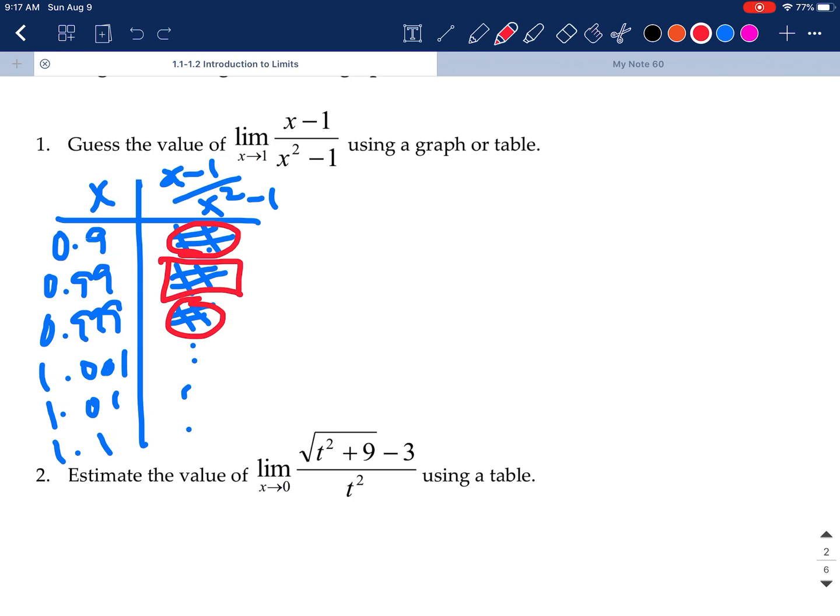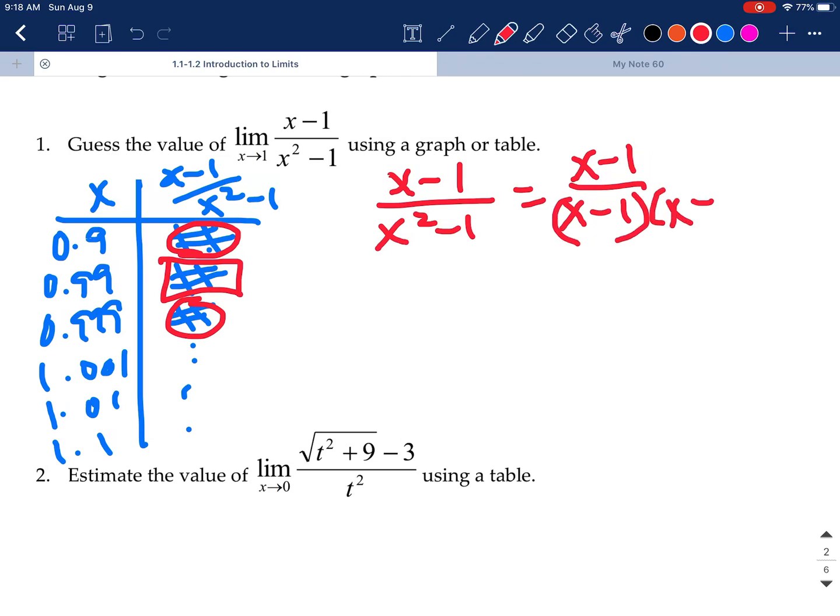But I want to show you an algebraic approach. So if I look at this expression, this is a rational expression, and we know how to simplify rational expressions. So we'll just note x minus 1 over x squared minus 1 is the same as x minus 1 over x minus 1 times x plus 1. So we can factor the denominator using a difference of squares, which tells us that this is really equivalent to 1 over x plus 1.